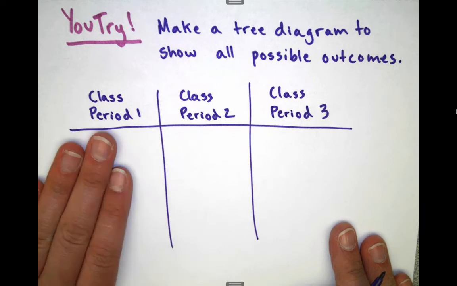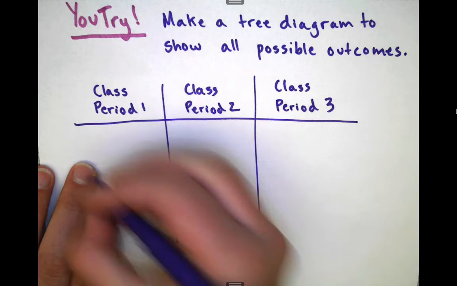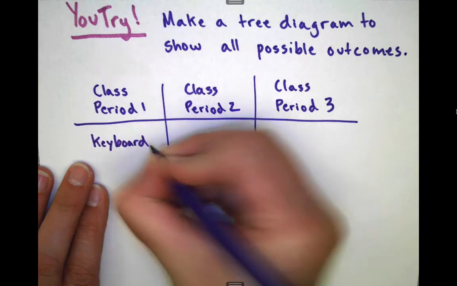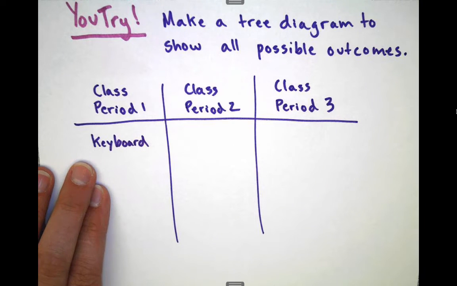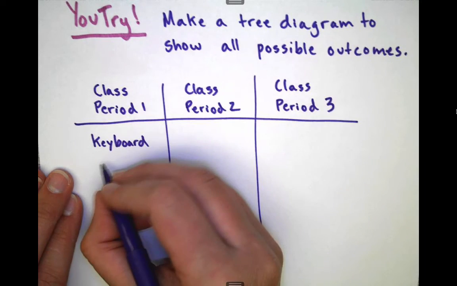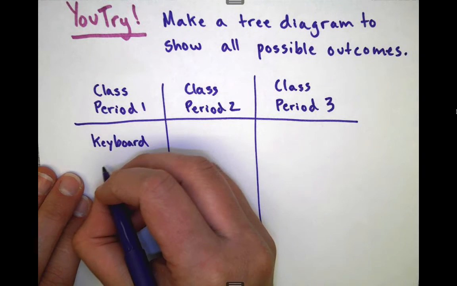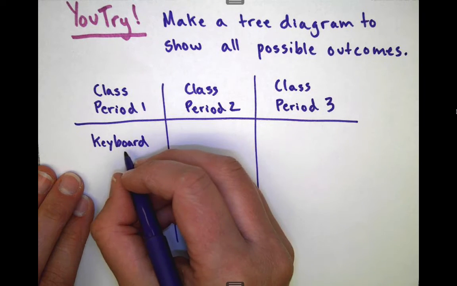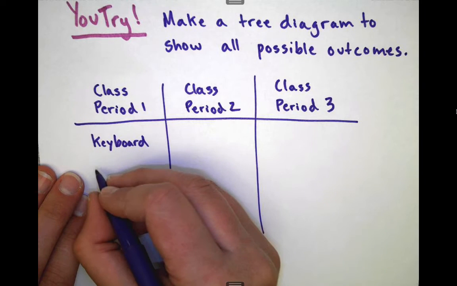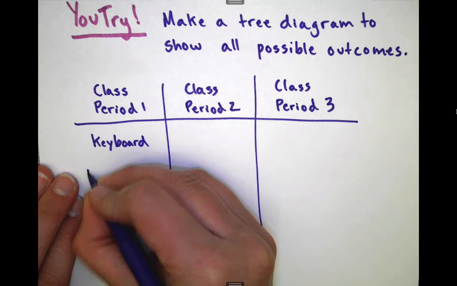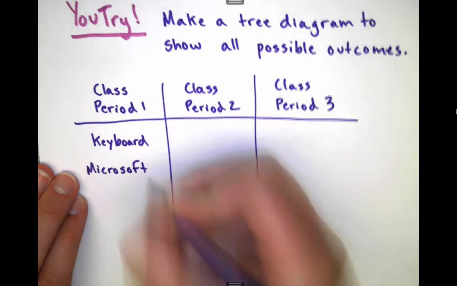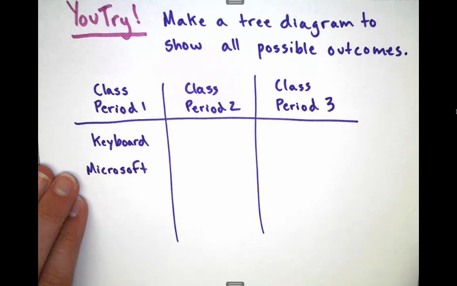For period 1, you can choose between a keyboarding class, which is your typing class. If that's something you're not interested in, then we've got another class on how to use Microsoft. So you get to choose what kind of tech class you want to take.